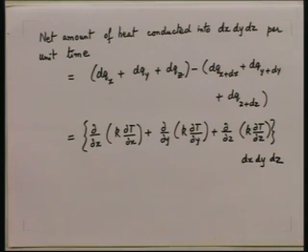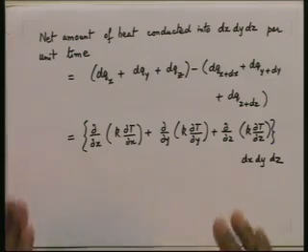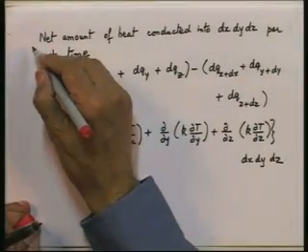This is the net amount of heat being conducted into the element per unit time. All right. Now, the next quantity, let us call this as 1.